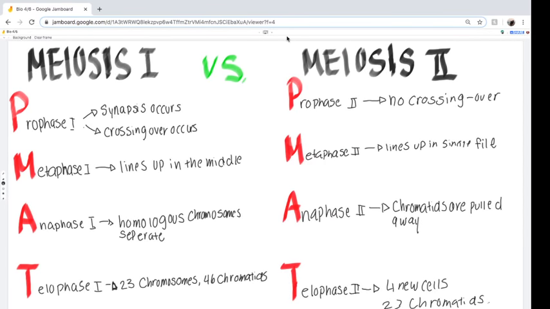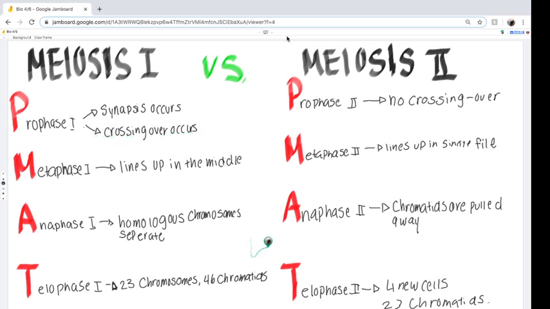And finally, this is where the sperm cells and the egg cells get to divide, because it doesn't divide in mitosis. It follows two stages, meiosis 1 and meiosis 2, and it also follows PMAT, but it's kind of different because in prophase 1, there's this thing called synapsis and crossing over where it exchanges genetic material, and everything else is practically the same from that.